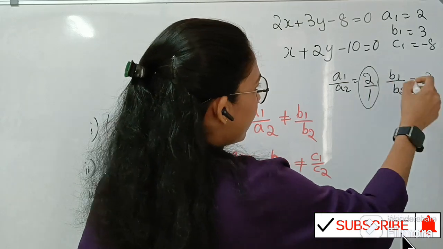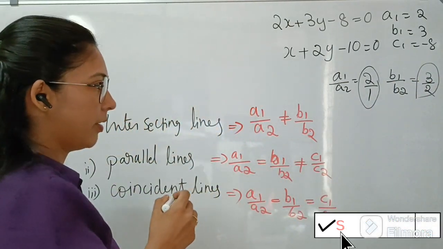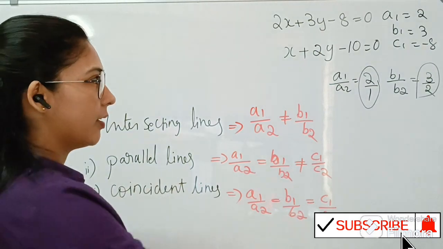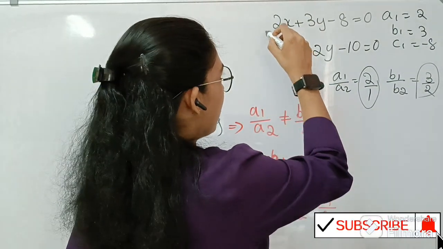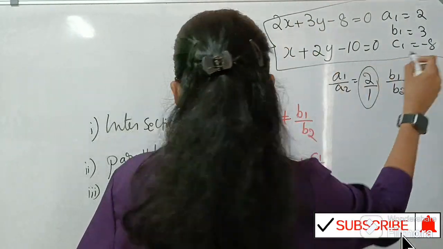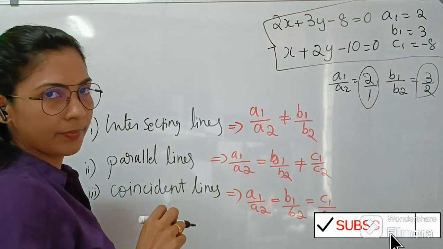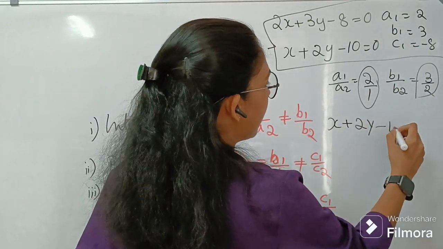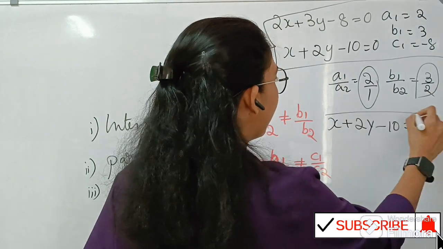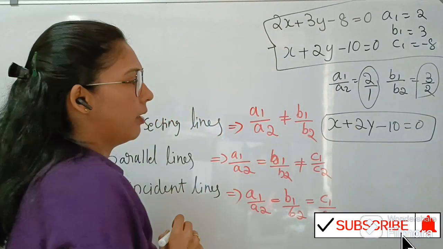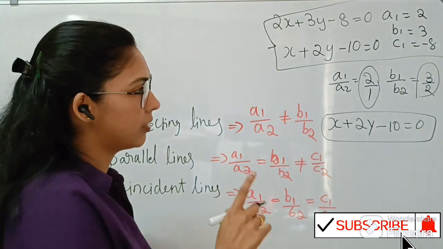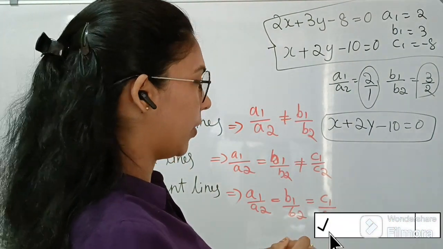From this it is clear that both ratios are different. So we can conclude that these are intersecting lines, and this is a possible combination for intersecting lines, that is x plus 2y minus 10 is equal to 0. You can take any numbers for making this equation. So this is one of the possible equations.